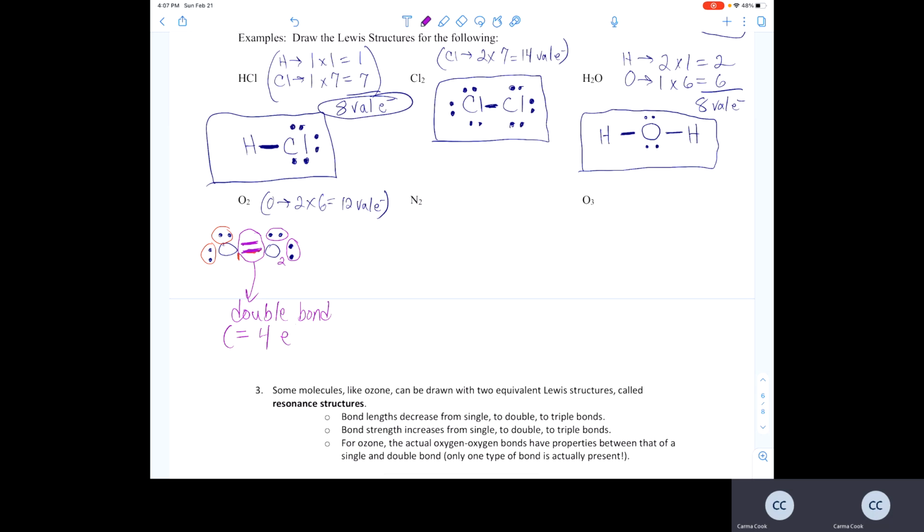It equals 4 electrons, whereas a single bond only has 2 electrons. So now we've got our correct Lewis structure for oxygen.